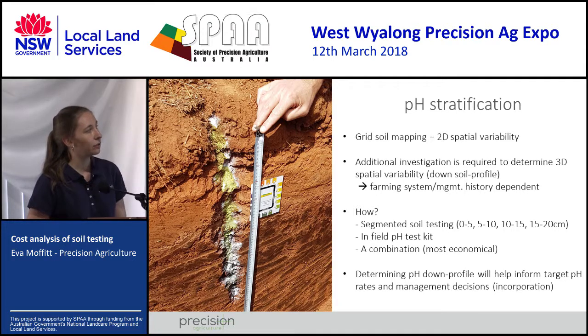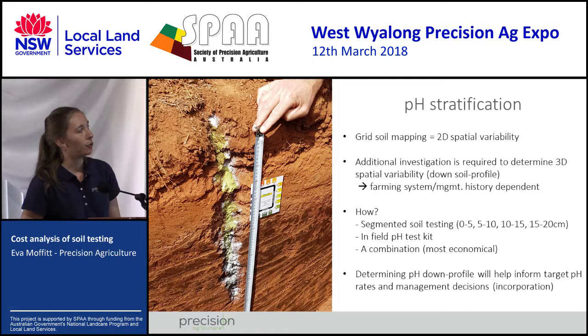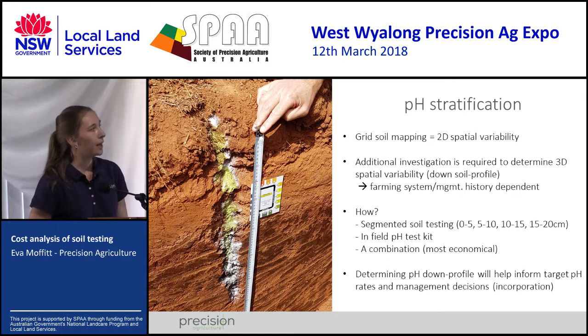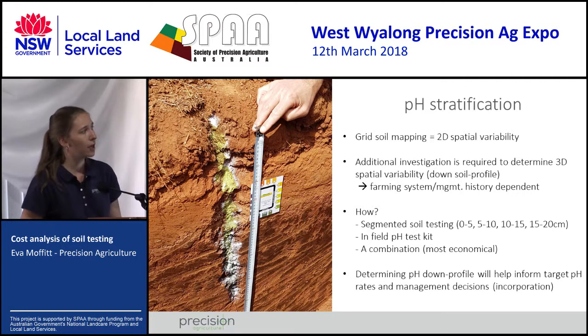Another way that you can look at pH stratification is by using an in-field pH test kit like the one on the left, or you might do a combination of both. You might take a few tests to calibrate your results and then go and dig some holes, dig some soil pits. That's going to help you determine your target pH rate, how high you want to aim for, and also your management decisions, so whether you need to incorporate basically.